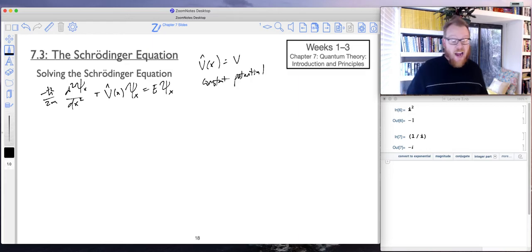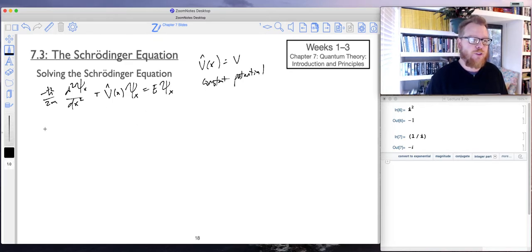Okay, so now the way that I solve this Schrodinger equation, I have to isolate psi. And I can only isolate psi if an operation allows me to do so. For example, I'm going to first put here, second derivative of psi x.